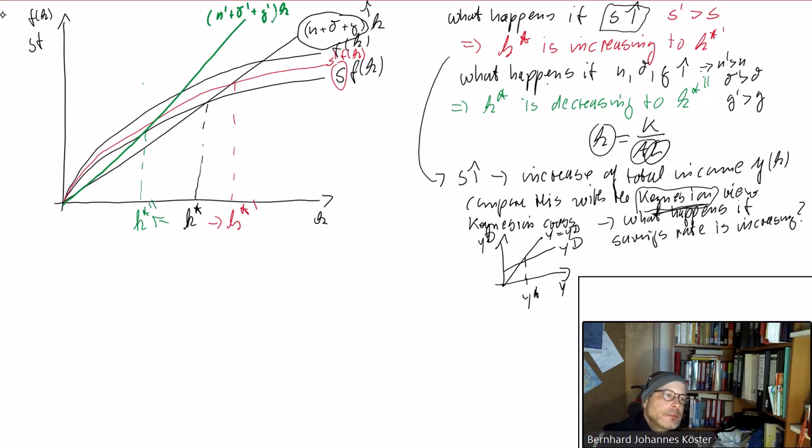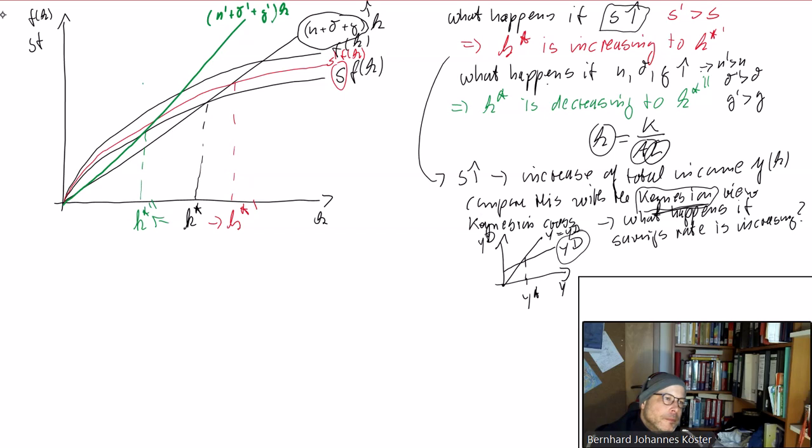Spending decreases. Yes, and how does this function change here, the total demand function, if the savings rate is going up? What is the slope of the demand function? Going down or going up?